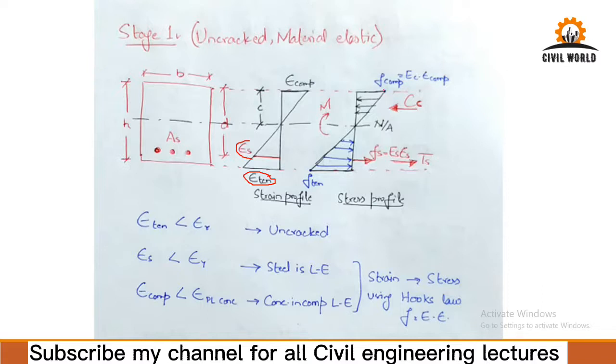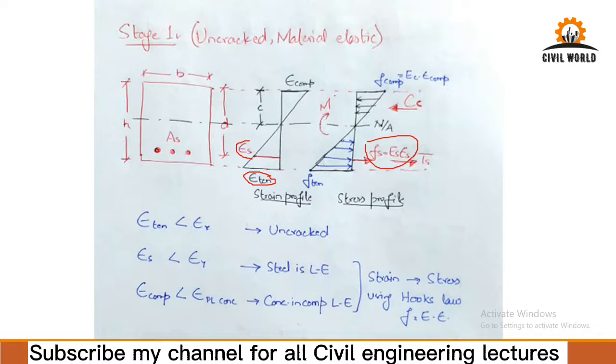Tensile stresses in concrete can be calculated by multiplying the tensile strain by the modulus of elasticity of concrete, and the stresses in steel by multiplying the modulus of elasticity of steel by the strain occurring at that particular instant.